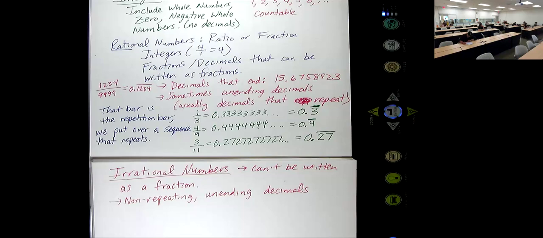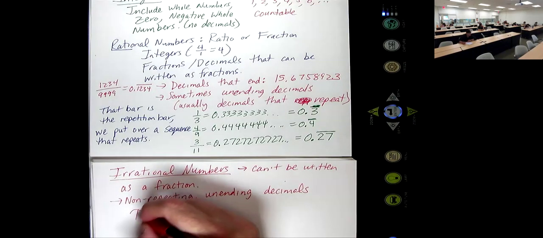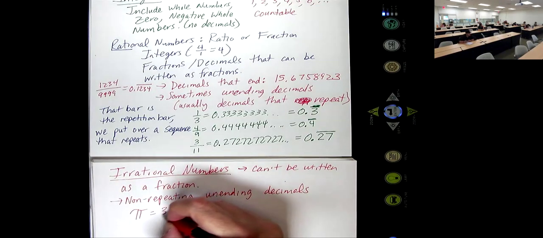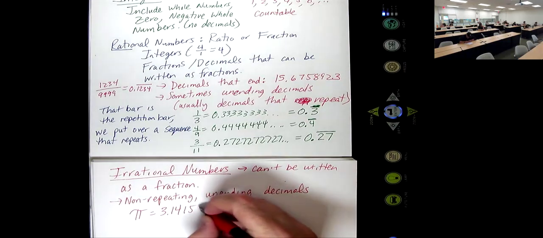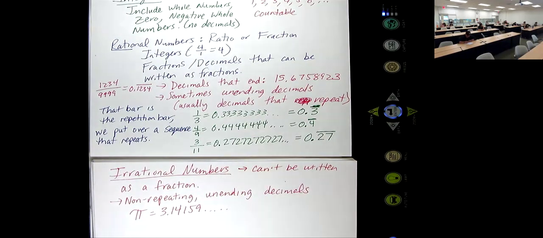Pi is one of the most famous ones. You probably know it just as 3.14, but there is a whole lot more numbers. 159, blah, blah, blah, it keeps going.